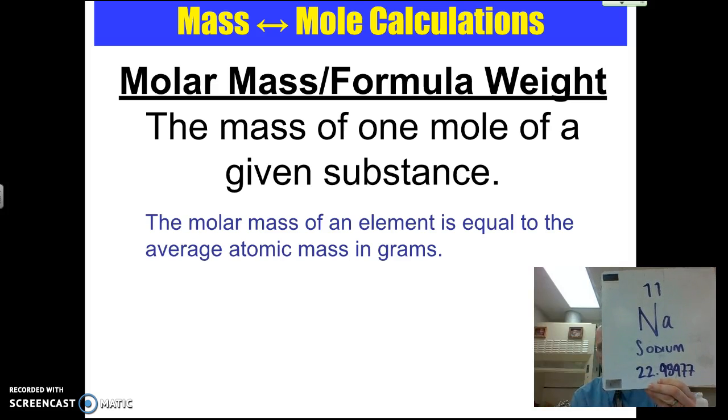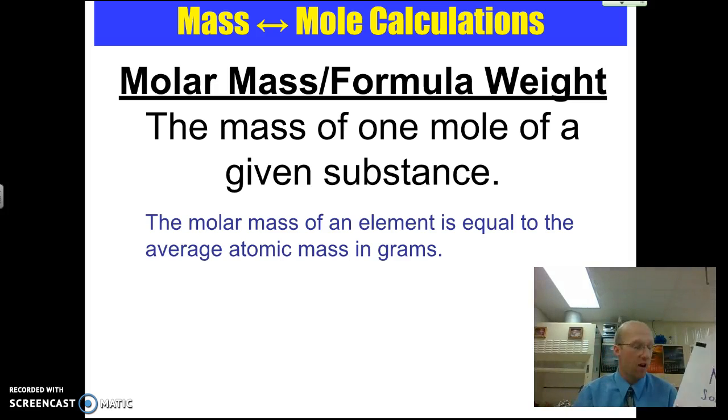In any case, there's no sodium atom in the universe that has got a mass of 22.98977, but that is the average mass of all of the sodium atoms in the universe. And so that's an interesting number right there. It tells me the mass of a single atom in something called atomic mass units, AMUs.